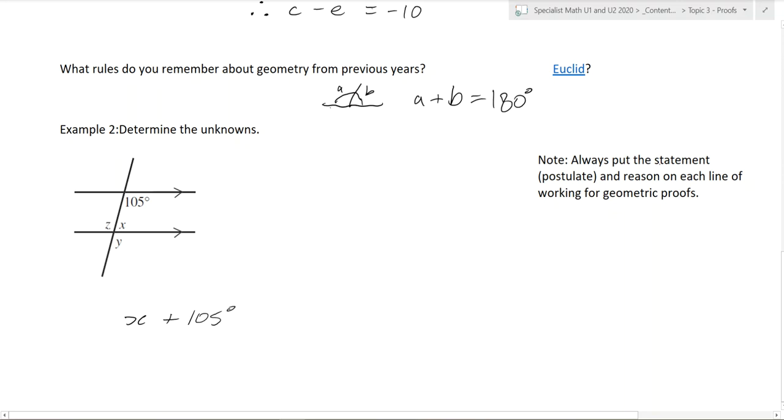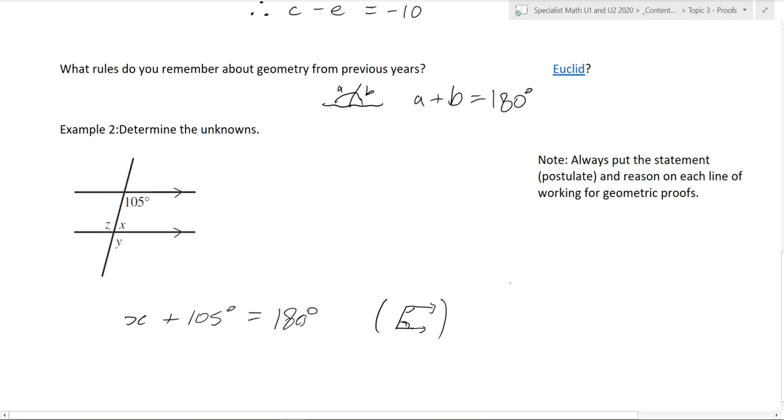And like it said here, put the statement and the reason. So we know, oh sorry, didn't finish the statement. Those two add to 180 degrees. Now I'm going to put the reason in brackets because of this.